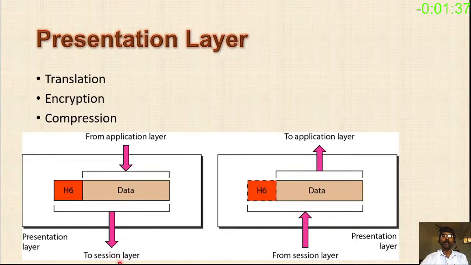So the data transmitted is less, and the speed is increased. Most audio and video data transmission is done using compression technology. This is the work of the presentation layer.